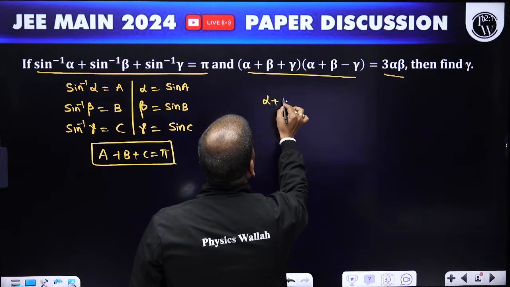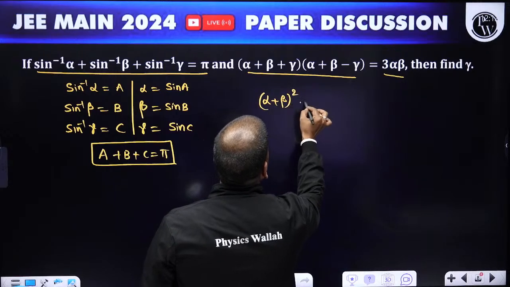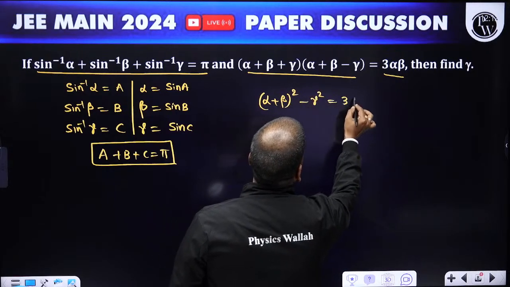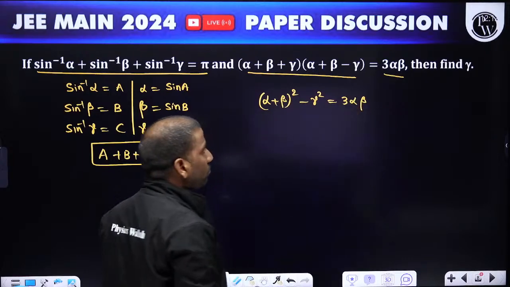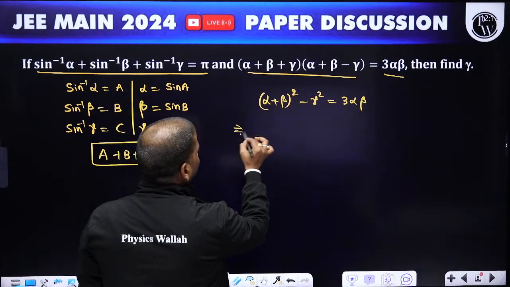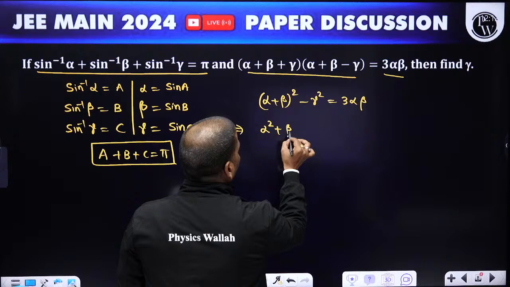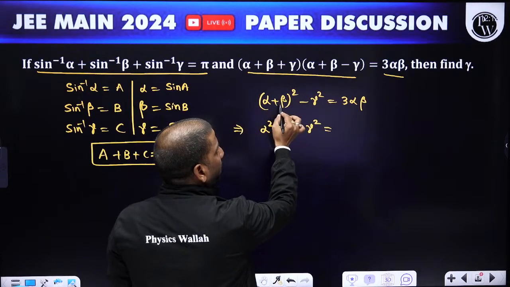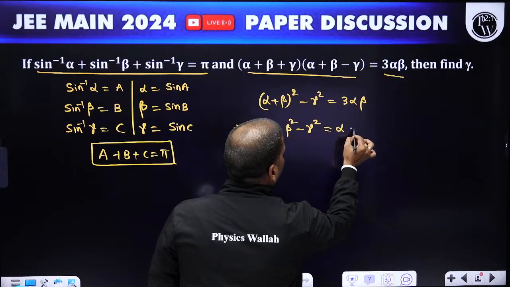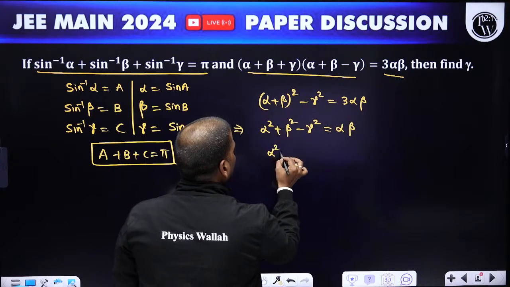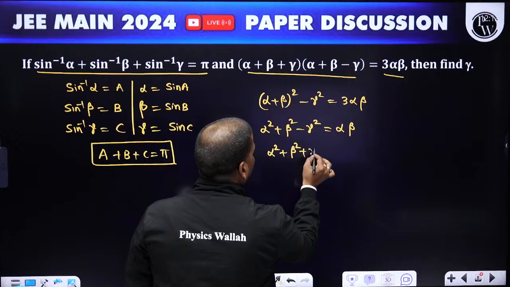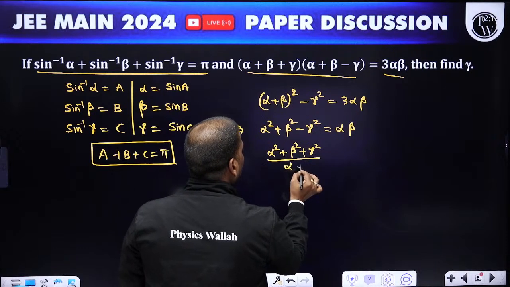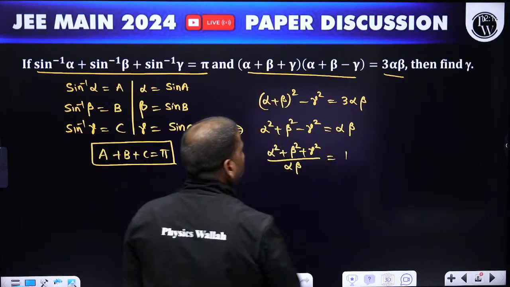Here, once you observe, this is the given one. I could write alpha plus beta whole square minus gamma square is equal to 3 alpha beta. Afterwards, the simplest method, alpha square plus beta square minus gamma square. Here you will get 2 alpha beta. If you send it to the other side, minus 2 alpha beta. So alpha square plus beta square minus gamma square by alpha beta is equal to 1.